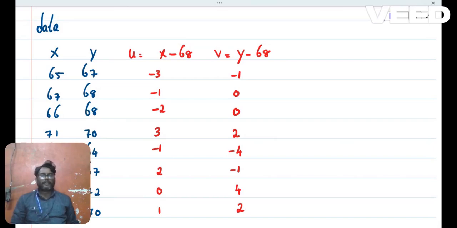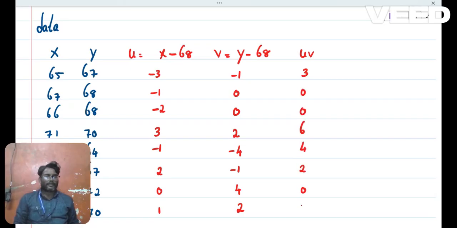Next, I need the values of uv, u square and v square. First, you compute your uv values. So uv will be 3, 0, 0, 6, 4, 2, 0 and 2.